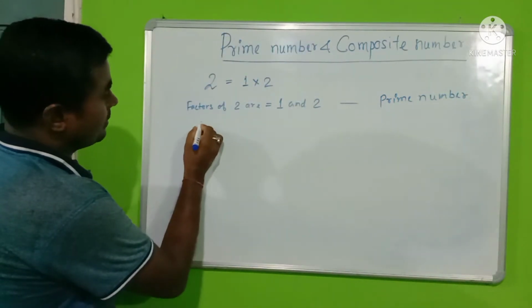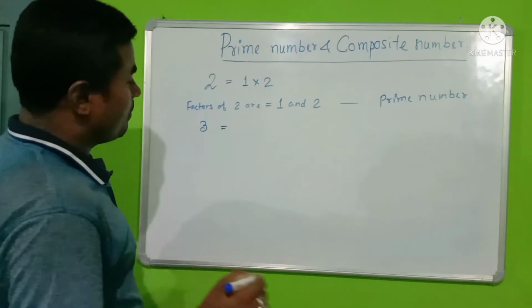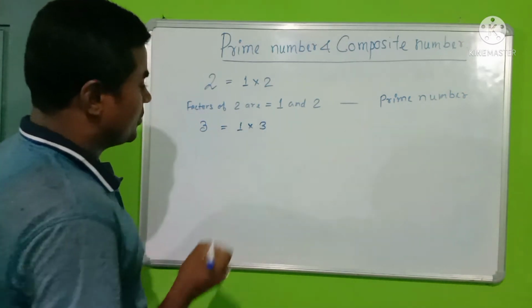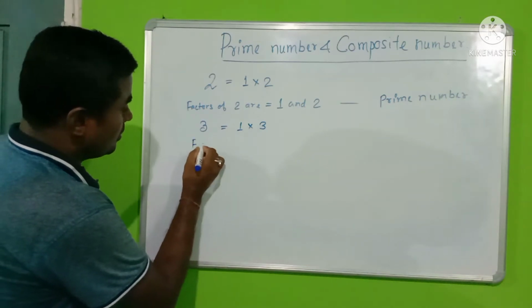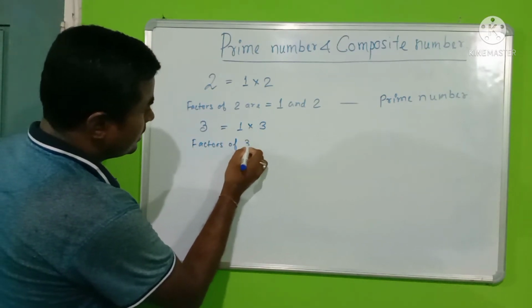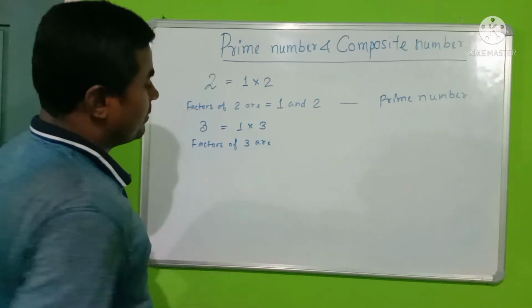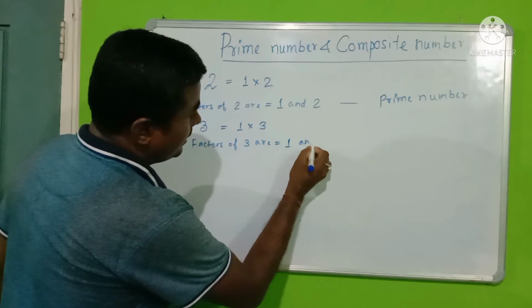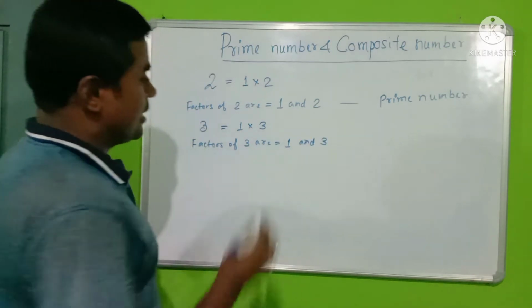Then 3. Finding all factors of 3, we get 1 into 3. So factors of 3 are 1 and 3.